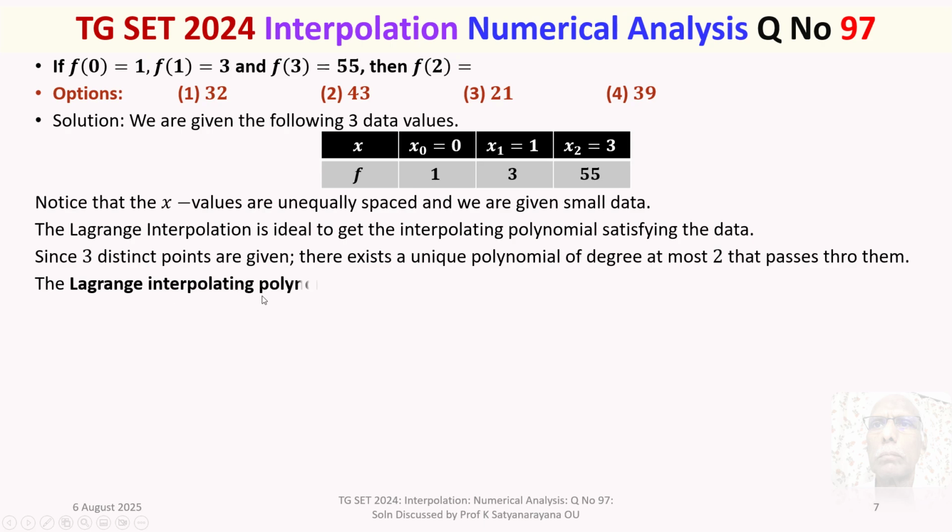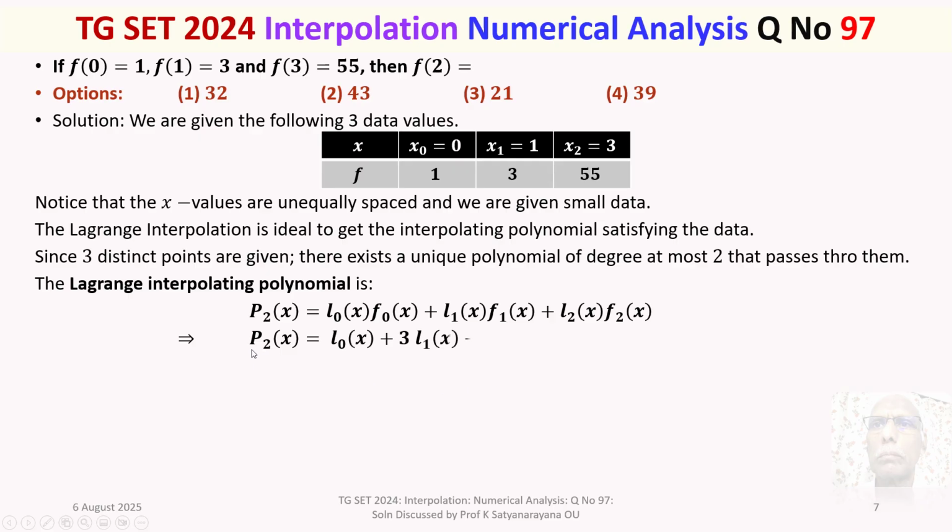The Lagrange interpolating polynomial is given by P2 of x, because it is a polynomial of degree at most 2, equal to L0 x multiplied by f0 plus L1 x multiplied by f1 plus L2 x multiplied by f2. This is the formula for the Lagrange interpolating polynomial.